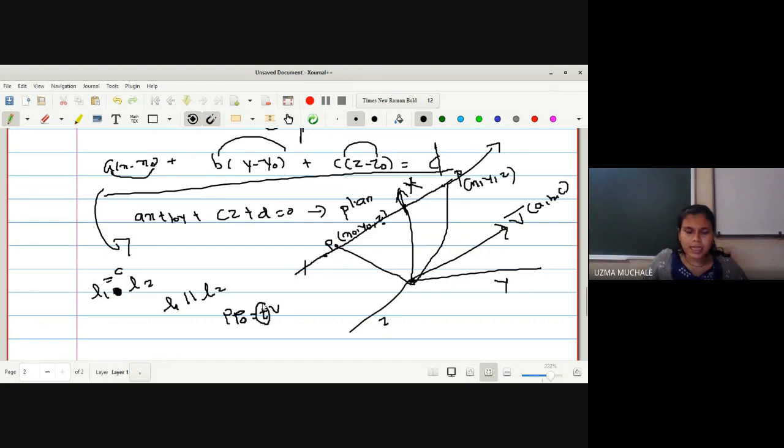What is this T? T is some parameter or some constant because P naught P is parallel to V, in the direction of V आहे ना? So this is what the equation of a line is. Correct ना? समझता है? Are you getting me? Agree with me?